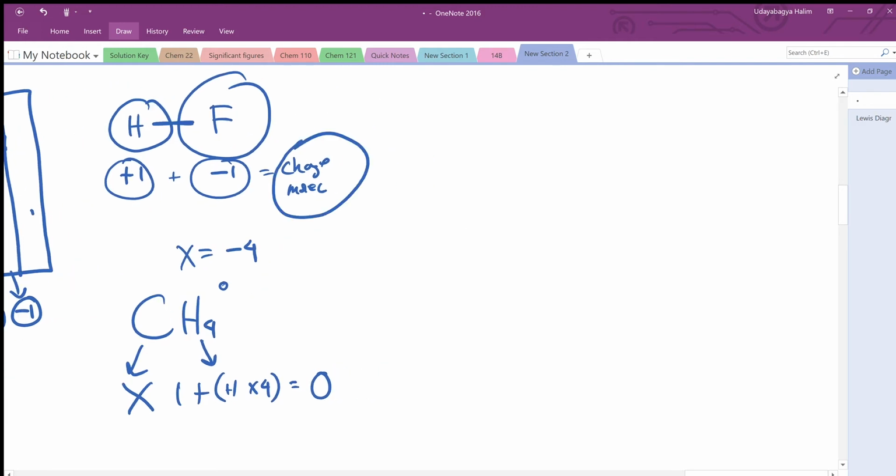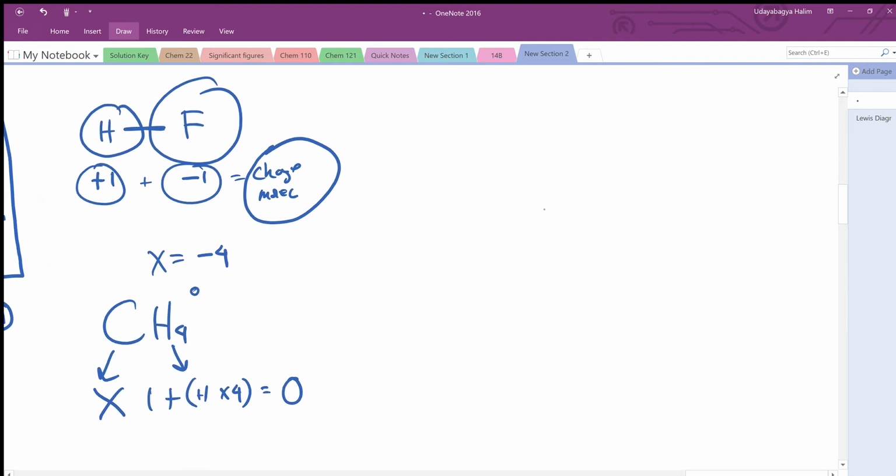The whole charge is going to be equal to the total charge of your molecule. So for example, if I were to have NH4 plus, what's going to be the oxidation number of nitrogen? It's going to be minus 3.